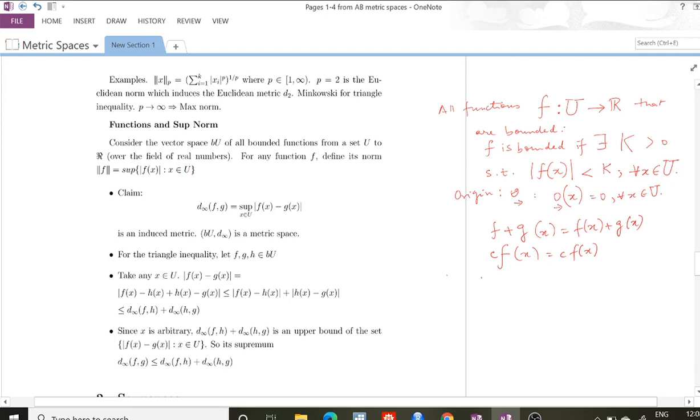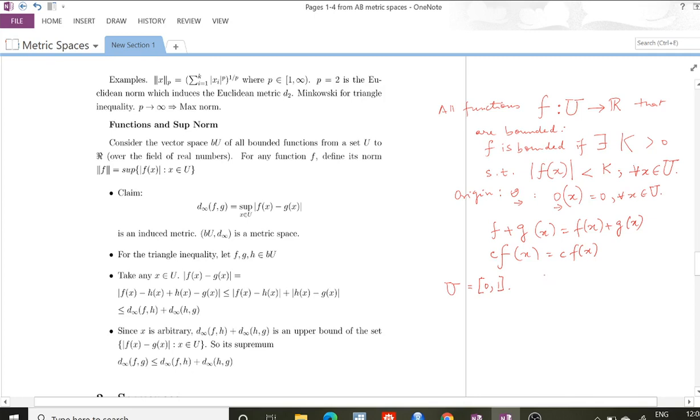Look at the following example. Suppose U is the closed interval between 0 and 1, and I look at all the bounded functions over this domain.